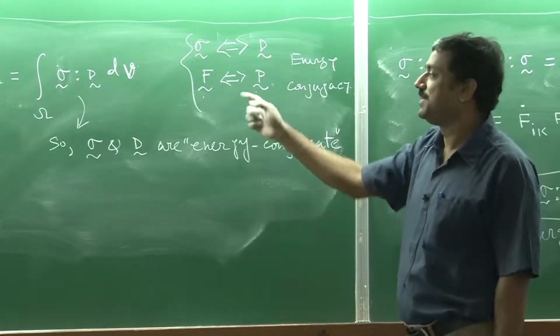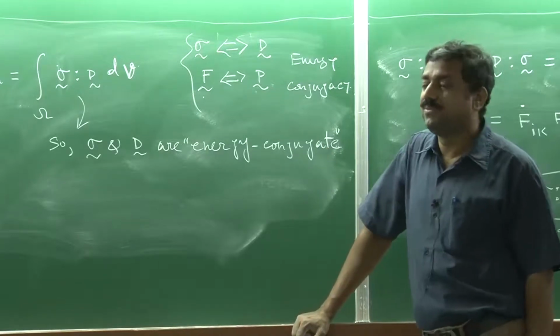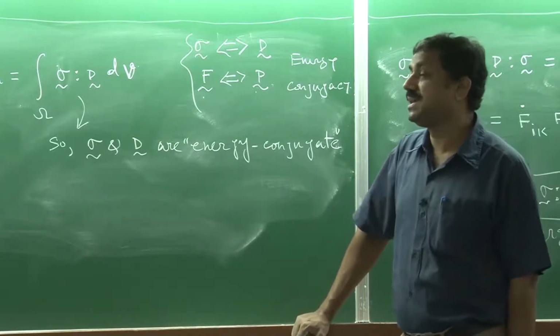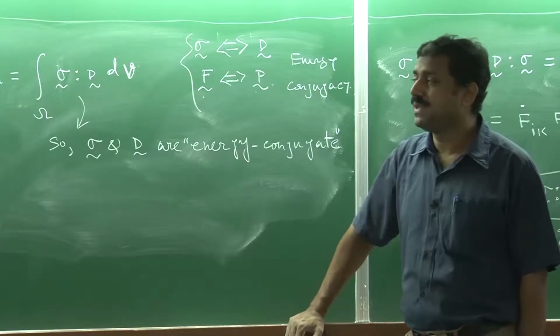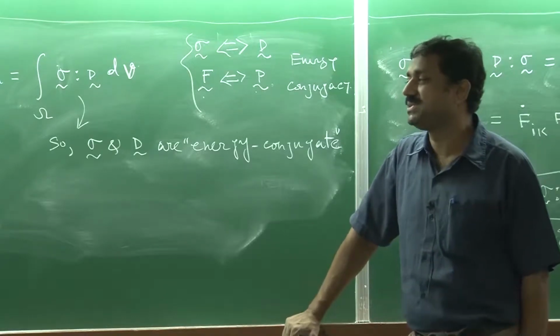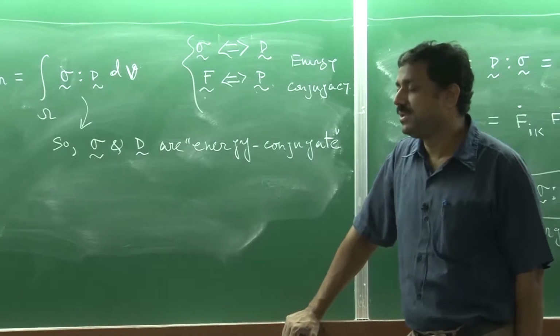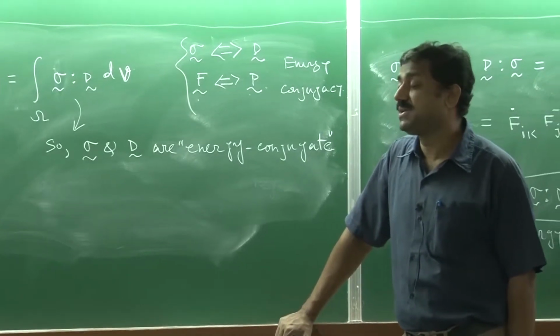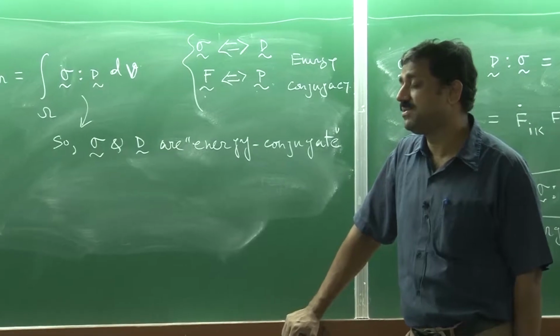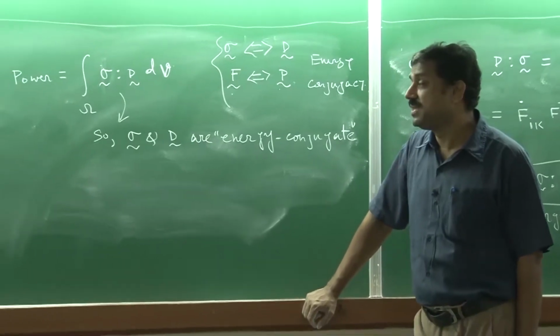But both are energy conjugate. So nothing is coming out of a gimmick; everything has some physically meaningful sense. This is physically meaningful because both are 2-point tensors, with one leg in the deformed configuration and another in the undeformed configuration. So they are energy conjugate.